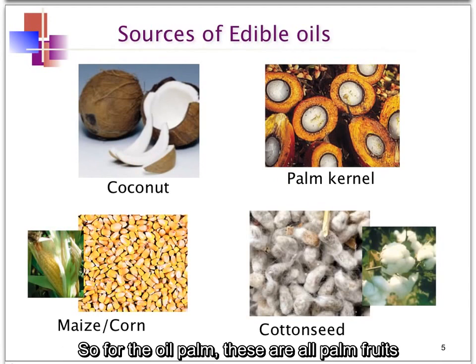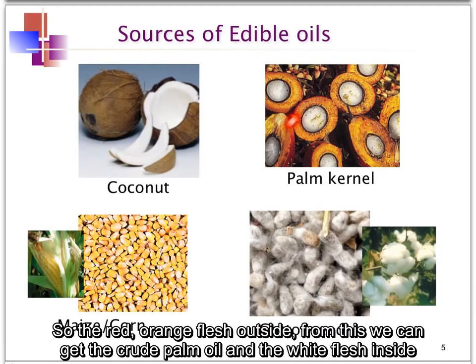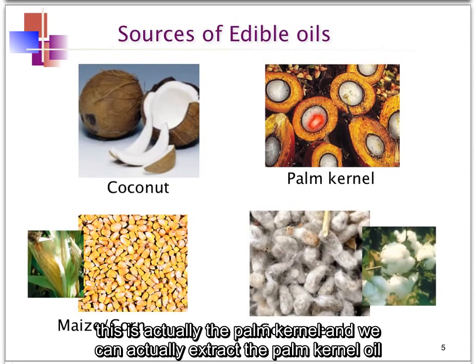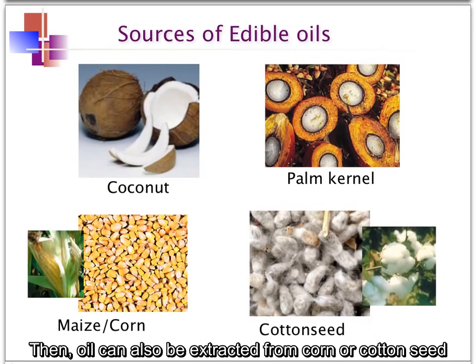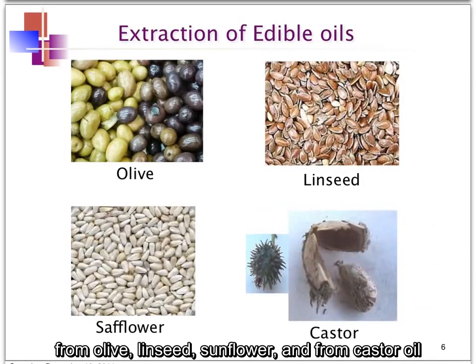For the oil palm, this is the oil palm fruit. The red-orange flesh outside is where we can get the crude palm oil, and the white flesh inside is actually the palm kernel, and we can extract the palm kernel oil, which has a different physical and chemical composition from the palm oil. Then oil also can be extracted from corn, from cotton seed, from olive, linseed, sunflower, safflower, and from castor oil.